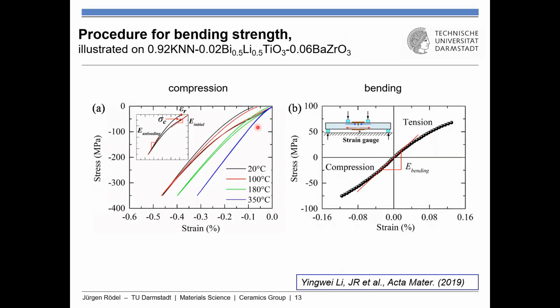Now I measure in a bend bar the strain on tension and on compression, and I plot the whole curve, strain versus stress. And this is the linear elastic one. And this is the true one.